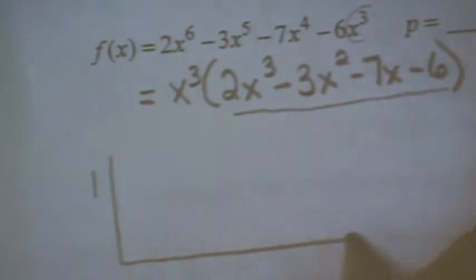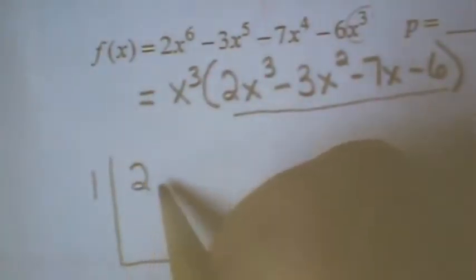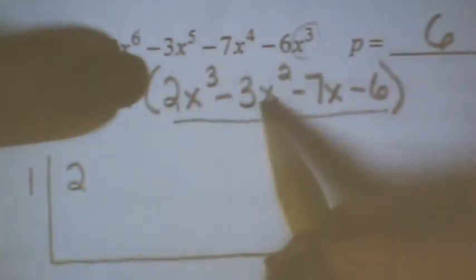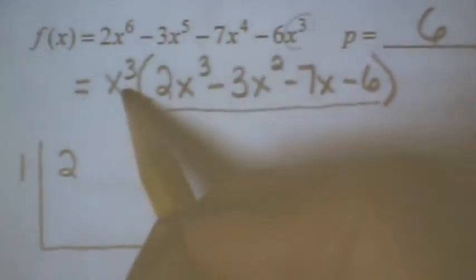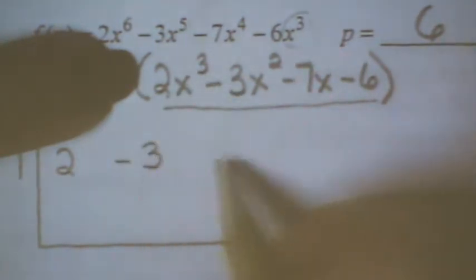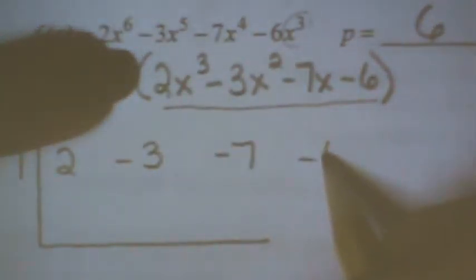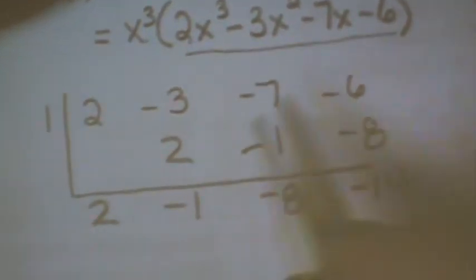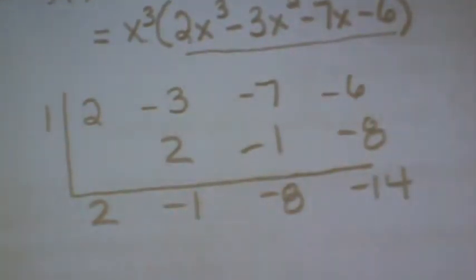Now, remember, you're only testing this, you're breaking this piece up. This is already broken up. So you have a 2, a -3, a -7, and a -6. When I bring down the 2, and add, and multiply, and add, this does not work. I get -14. It's not an upper bound, so I'm going to try the number 2.